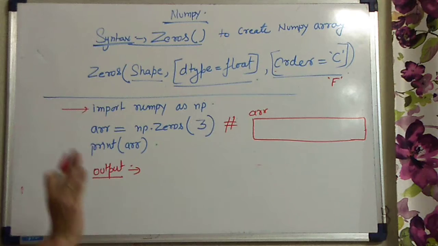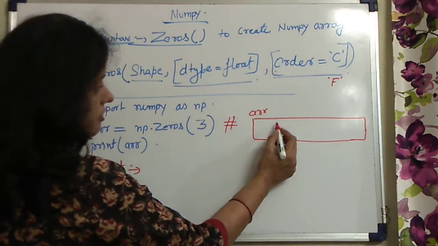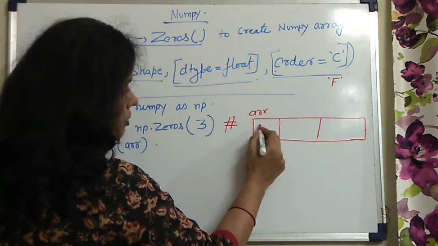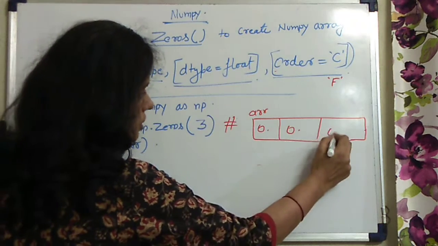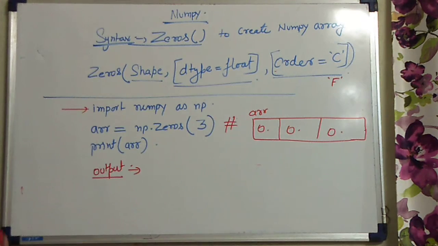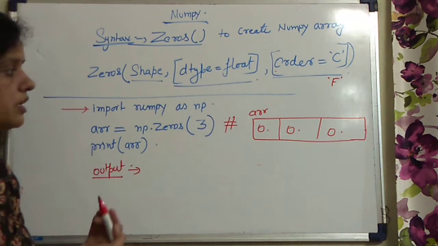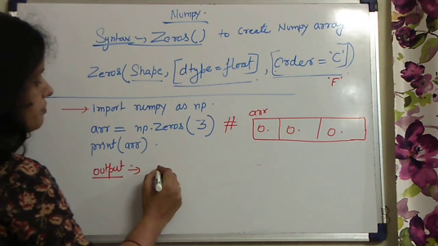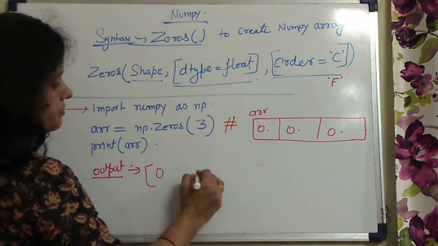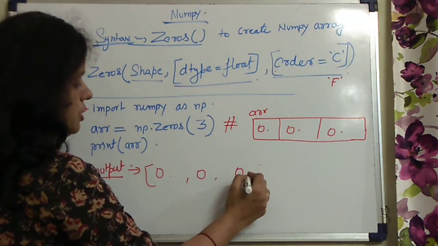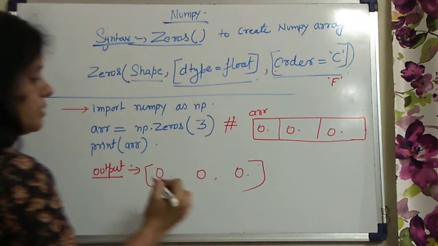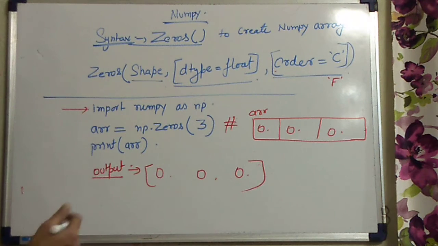But how many elements will there be? 3 elements, and it will hold the values 0. 0. 0. By default it will hold the data type float. Clear now? So what output will come? 0. 0. 0. Clear? It means the array will be created with 0 as the default value.